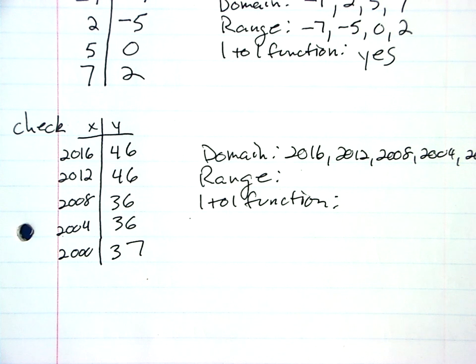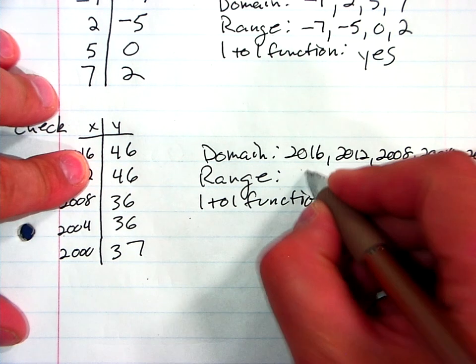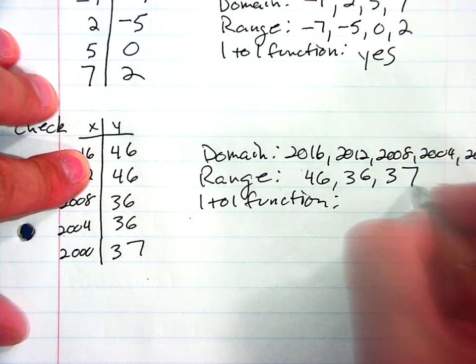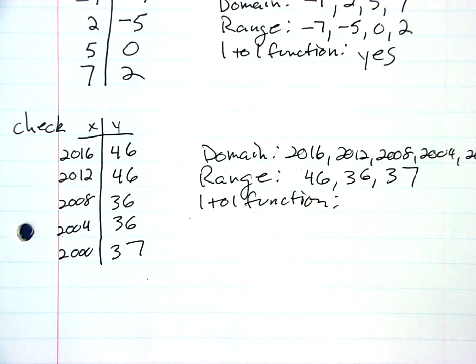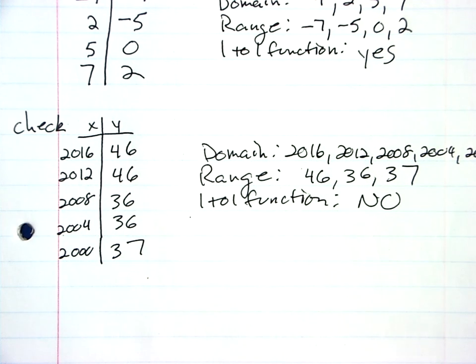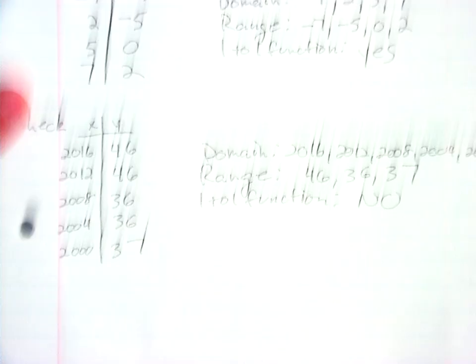Dia, what's my range? You are correct. And Isabel, is it a 1 to 1 function? Why not? Because we have numbers repeating in the y variable. Perfect, thank you.